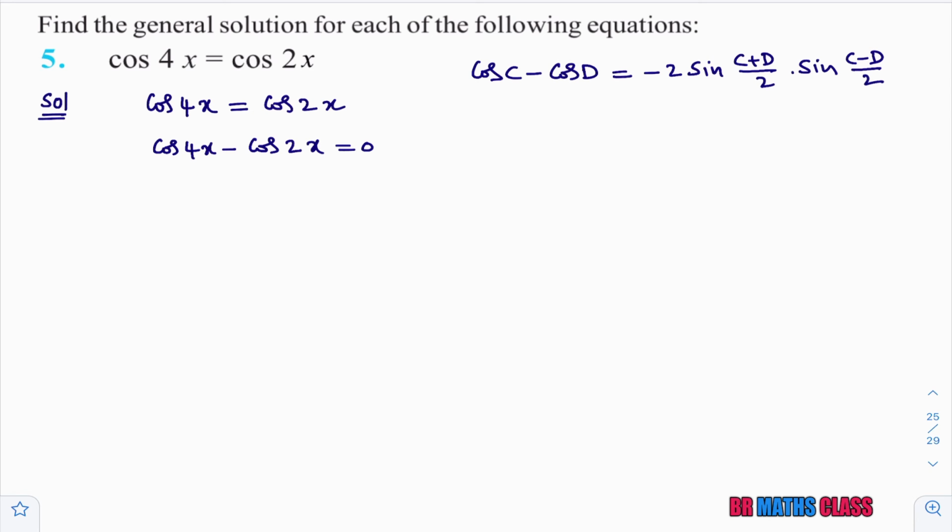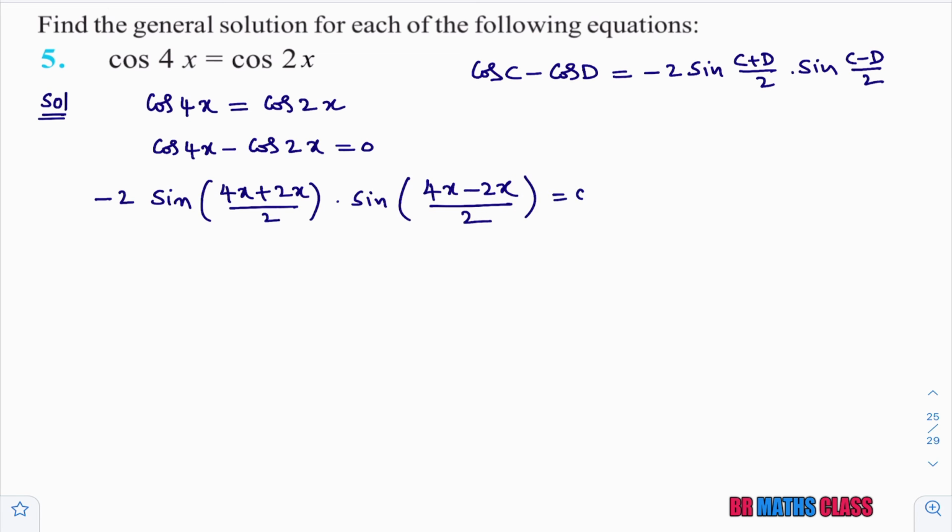If I apply this formula here, what is C? 4x. What is D? 2x. So we get minus 2 sine of (C plus D) by 2 into sine of (C minus D) by 2.